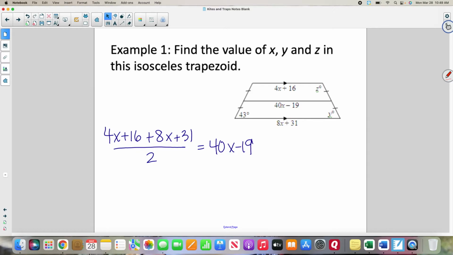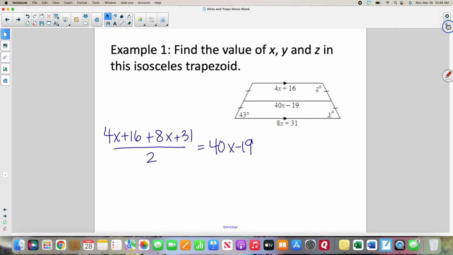Okay, solve that for me. We have an answer for x.